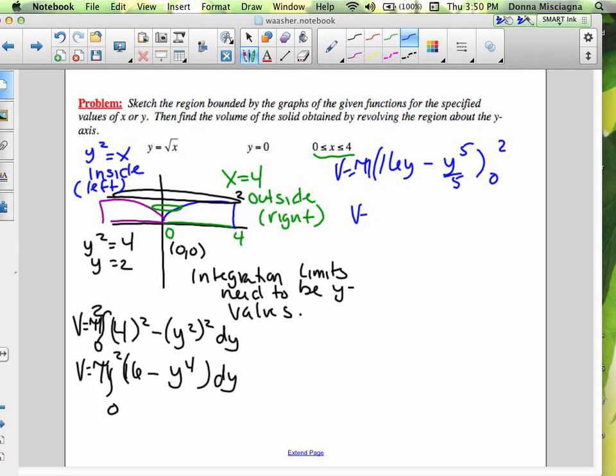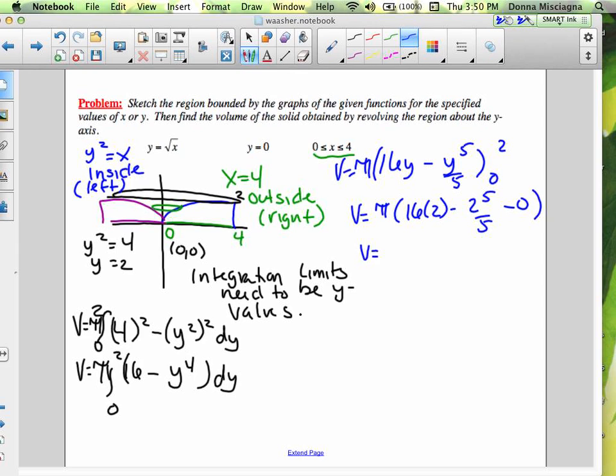So our volume here is going to be pi times 16 times 2 minus 2 to the 5th divided by 5, and minus 0, because 0 would be 0 for either of those terms.